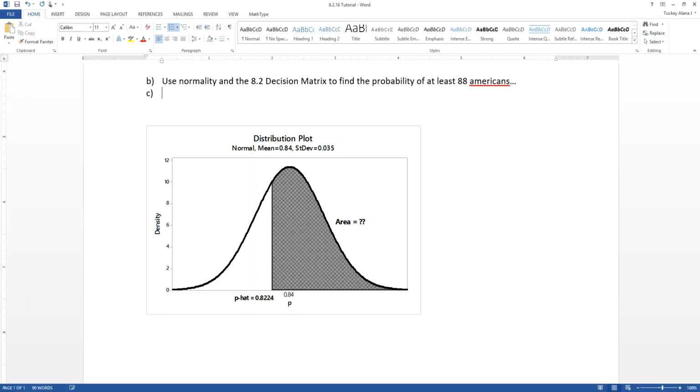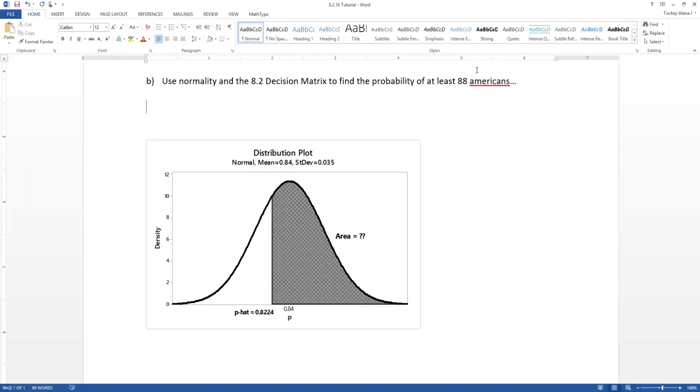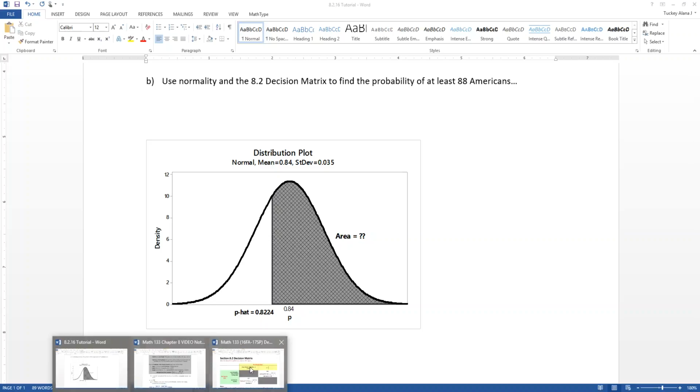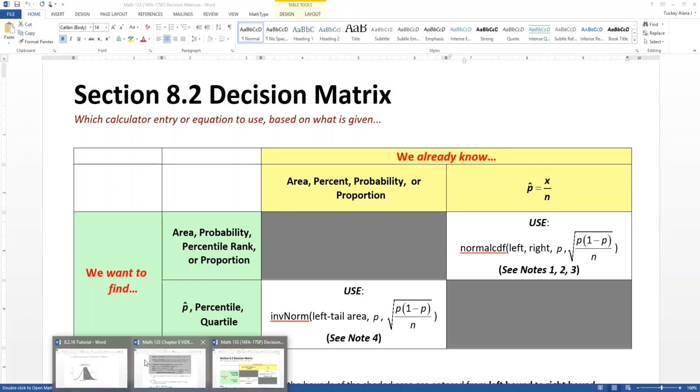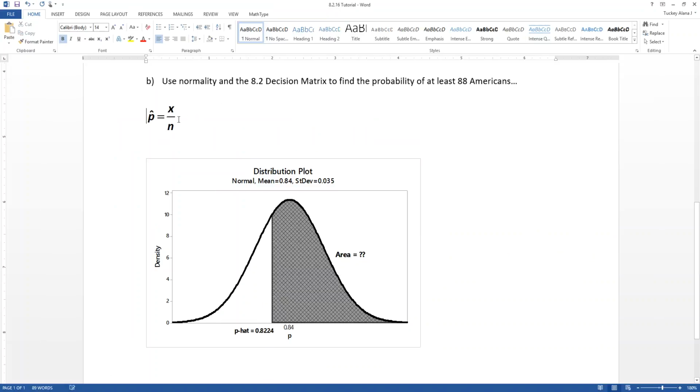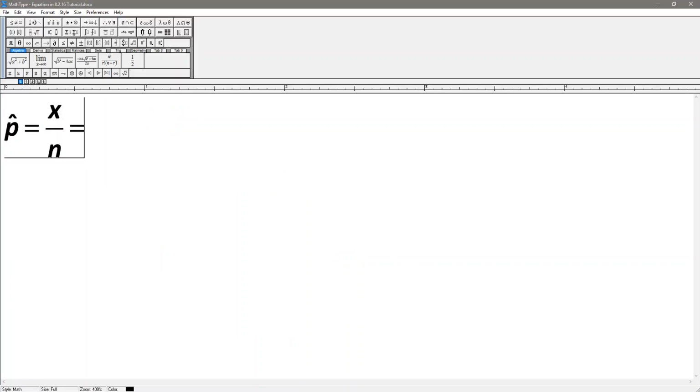You'll notice it's talking about finding the probability of at least 88 Americans. There's a problem, because 88 is not a p hat. 88 is an x value. But if you look at the decision matrix, we need a p hat. So you're going to have to use the formula for p hat, which is x over n. The x they gave you is 88, and n we already knew was 107.